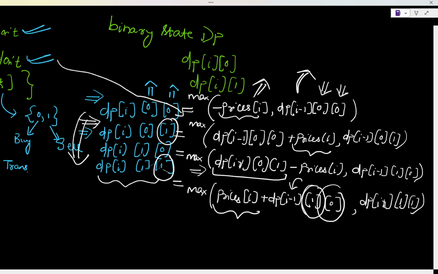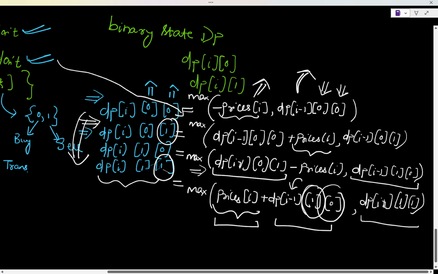So either that or you just pick another one of the previous states which is most optimal for the second transaction buy. Similarly, the final state is second transaction sell. Either you sell at i and you will sell after having done a buy for the second transaction in some previous state, which is this, or you directly pick one of the previous states.